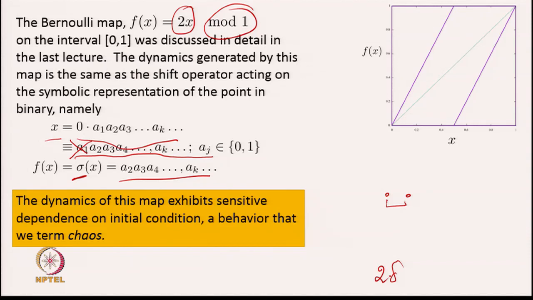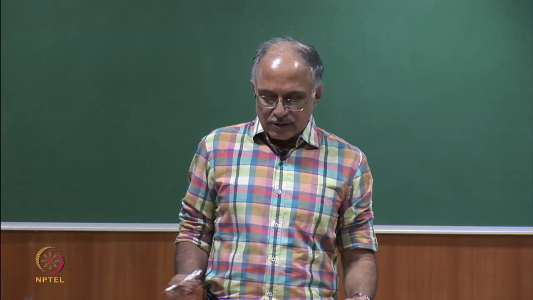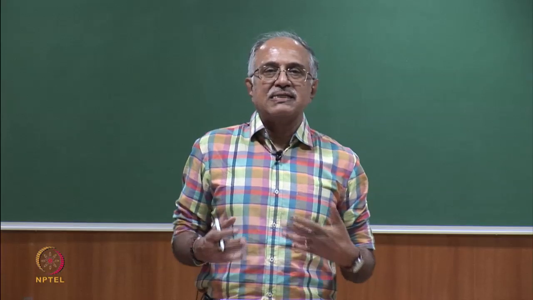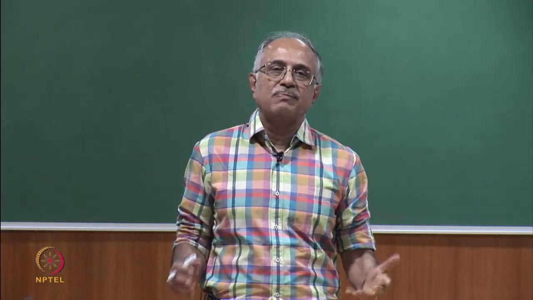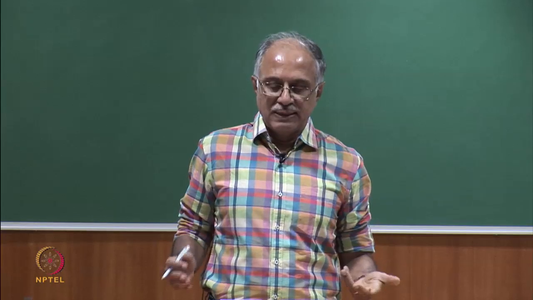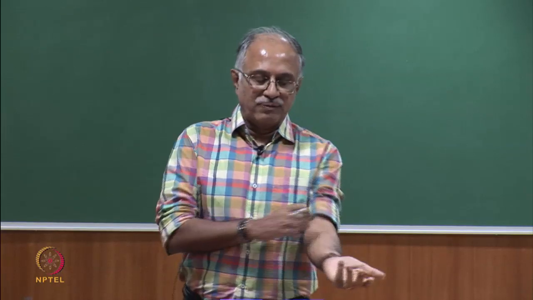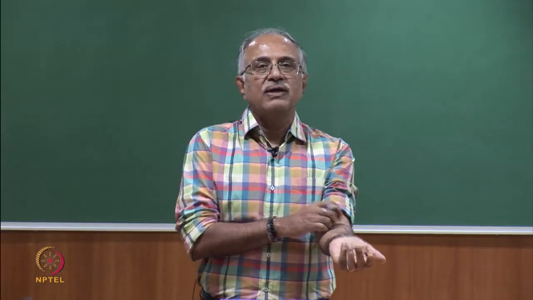After one more operation, it is 2 squared times delta. After one more, it is 2 cubed, and so on. So no matter how small delta might be, after a sufficient number of steps, the distance between these 2 points is of order 1. So this kind of sensitivity to initial conditions is a behavior that, in the popular description, is that of chaos.